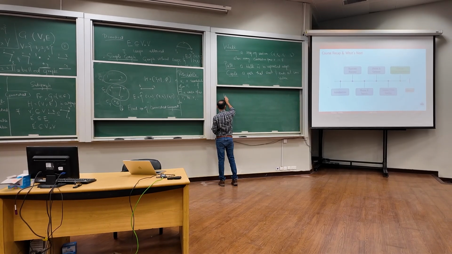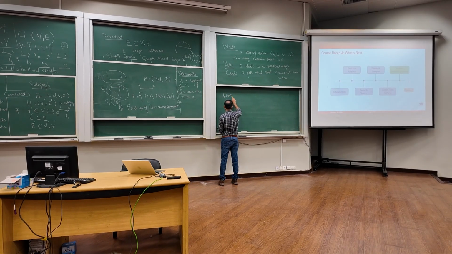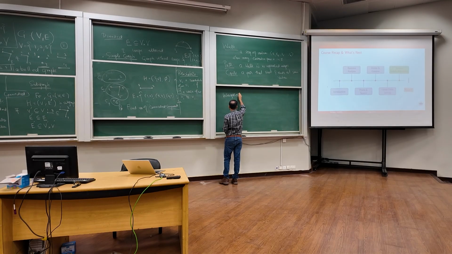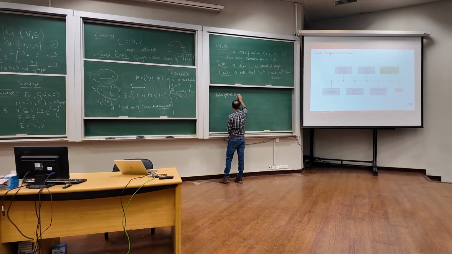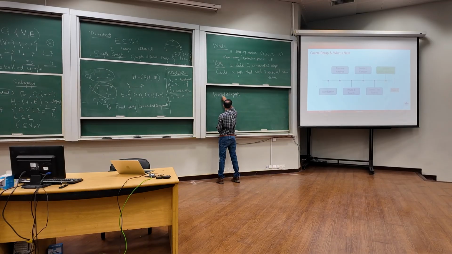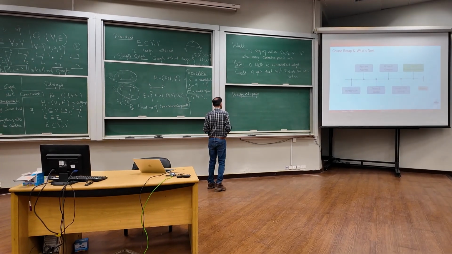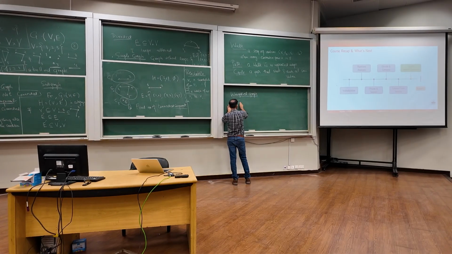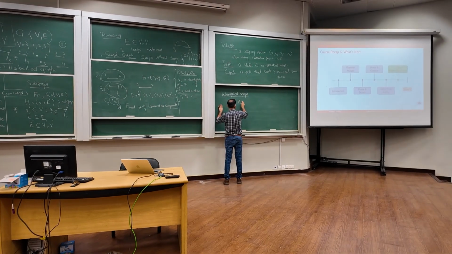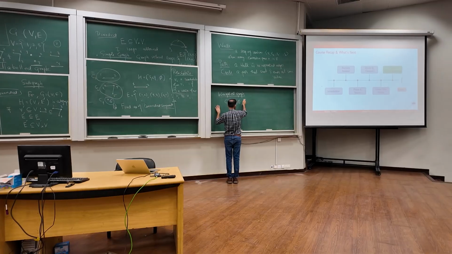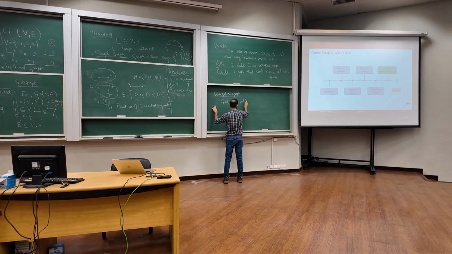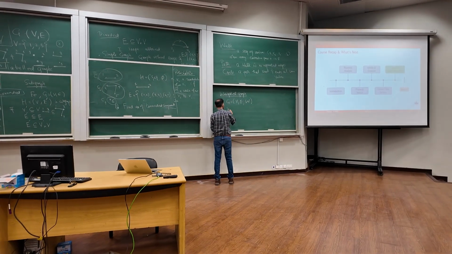Weighted graphs. So another thing that you can do is you can define your graph as three things: vertices, edges, and weights, where weight is just a number that you put on an edge.